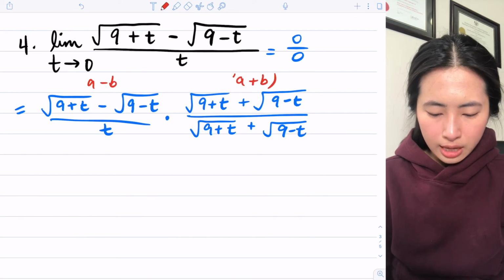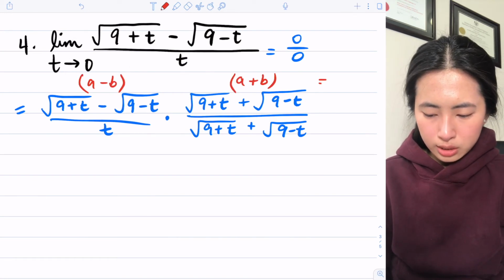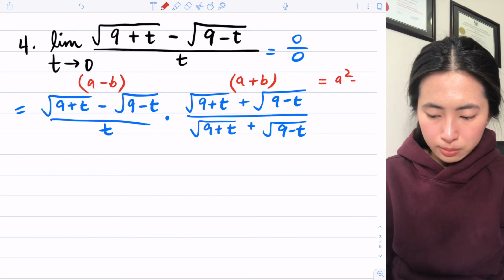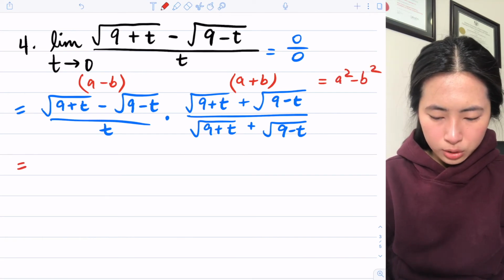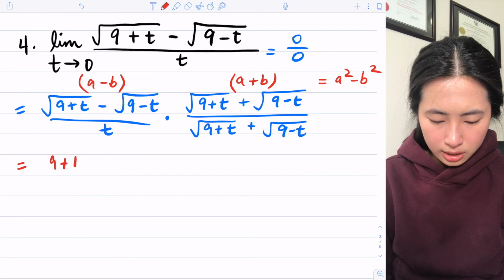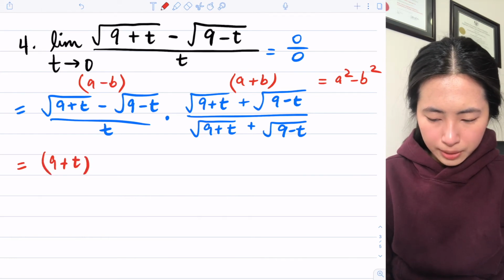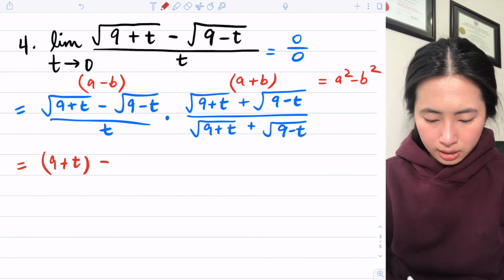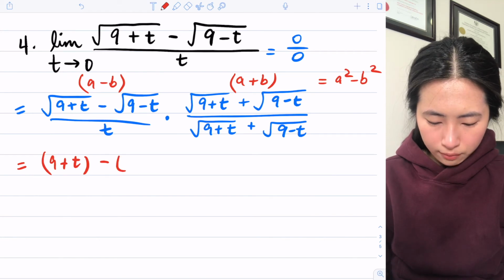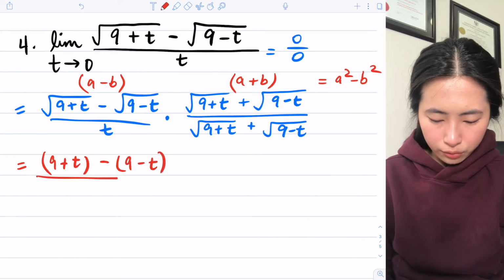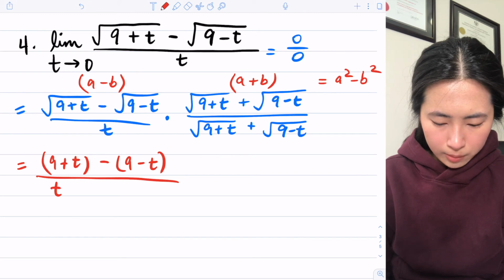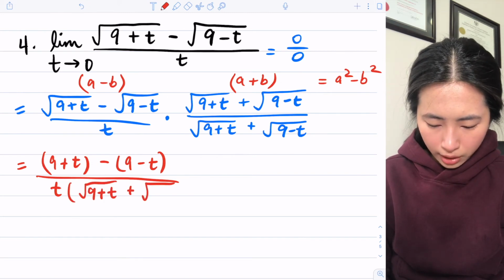So we have a minus b times a plus b, which is essentially equal to a squared minus b squared. So we take our numerator, so we have 9 plus t. Make sure your b is in a bracket. So this is minus, then you have 9 minus t. And this is all over t times square root of 9 plus t plus square root of 9 minus t.